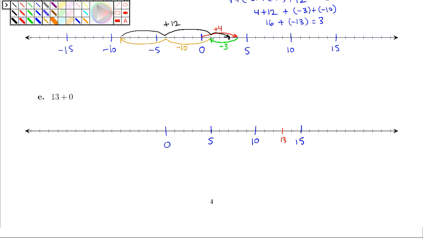It's the one number that doesn't have a sign. It is unsigned. And so it has no movement. So plus 0 is like jumping up and down on that spot. So 13 plus 0 is 13.